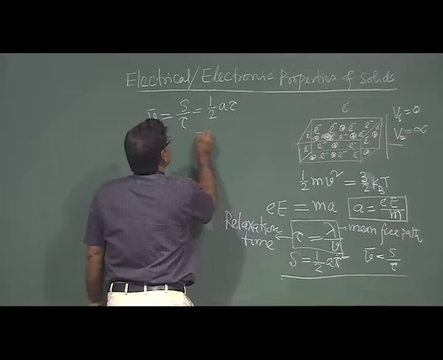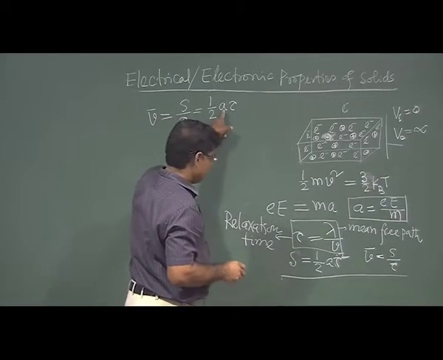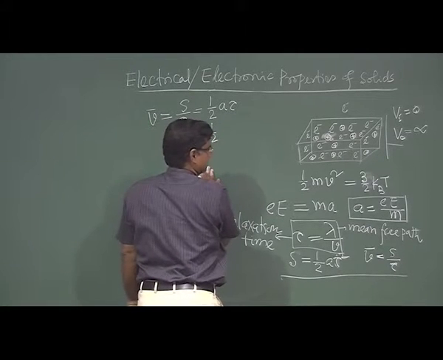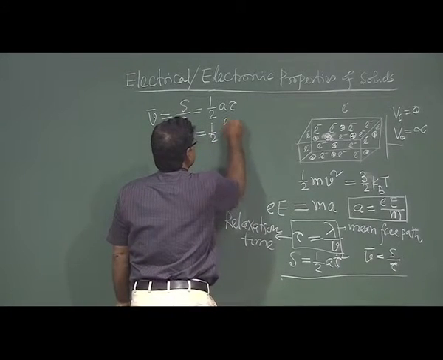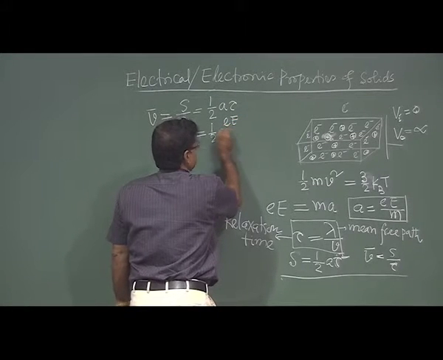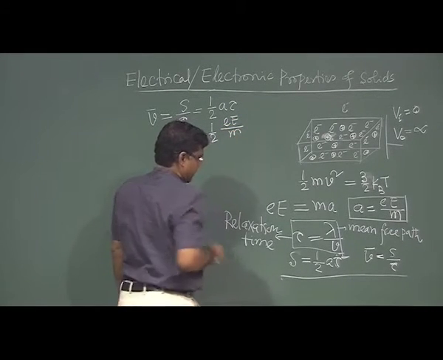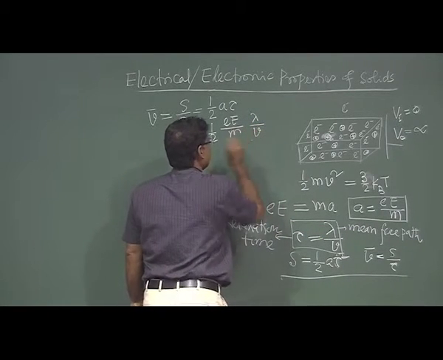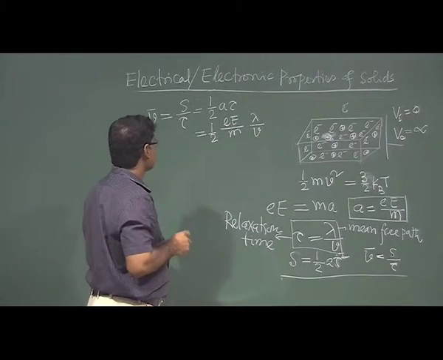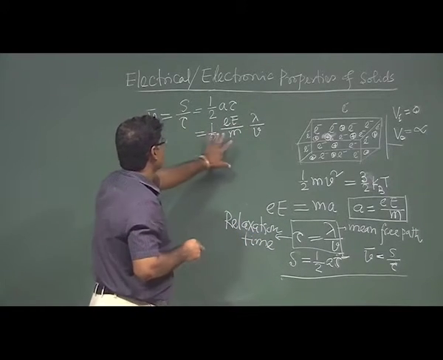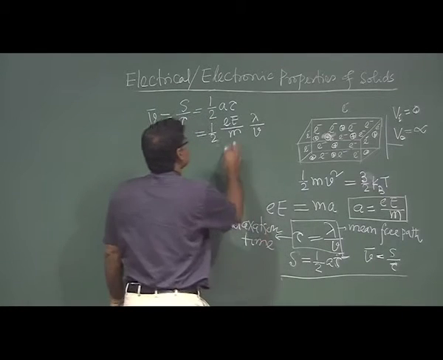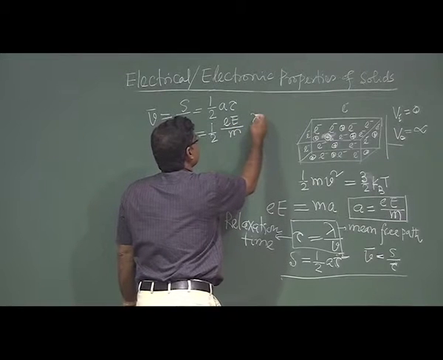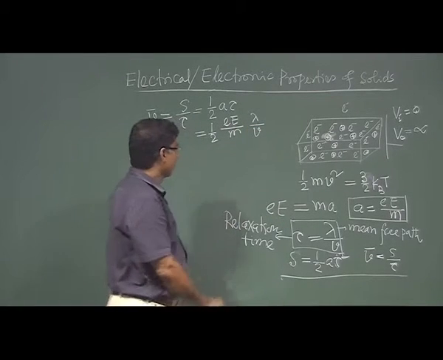Now, if I put the value of A, I will get half e E by m, and tau is lambda by v, right. So, this is the drift velocity. Here e is charge, m is mass, E is the electric field and lambda is the mean free path.